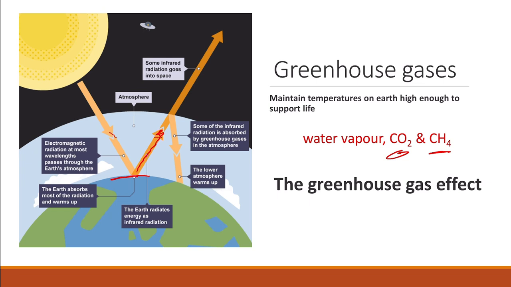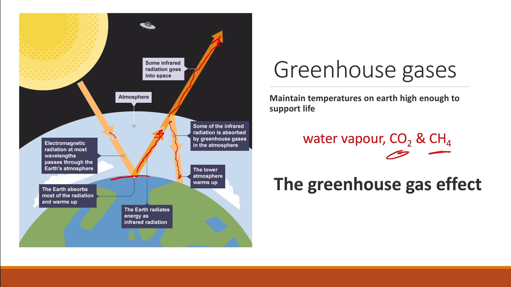As they are radiated, some of it will travel to space and some will be absorbed by the greenhouse gases like carbon dioxide and methane. The carbon dioxide and methane will then absorb these and reflect them back into Earth, leading to an increase in the temperature in the lower atmosphere.